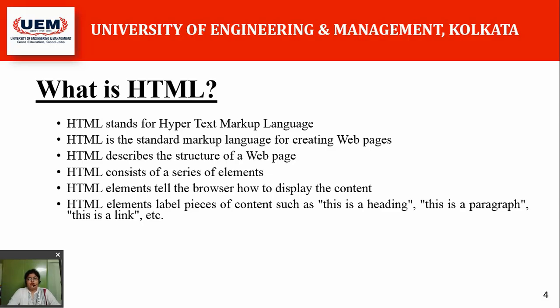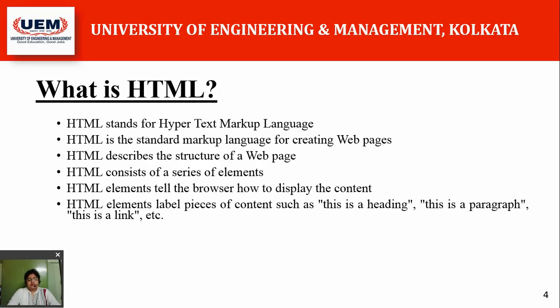HTML consists of a series of elements. In the later sections, we will describe all the elements. HTML elements tell the browser how to display the content. That means each and every element of HTML consists of different types of features that will help you display the content in a particular web page.